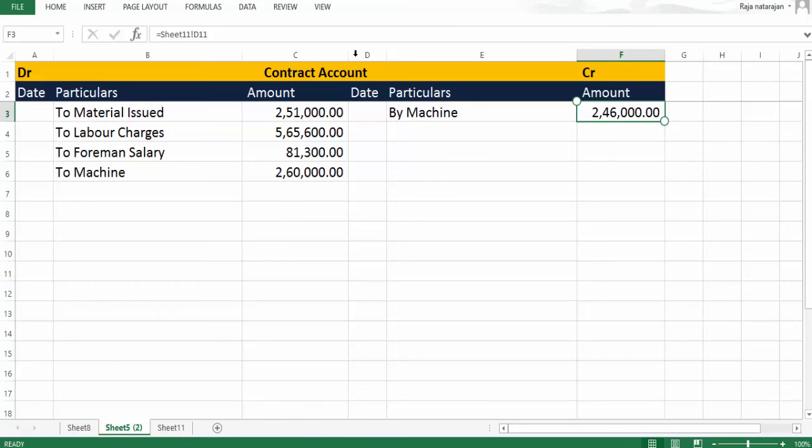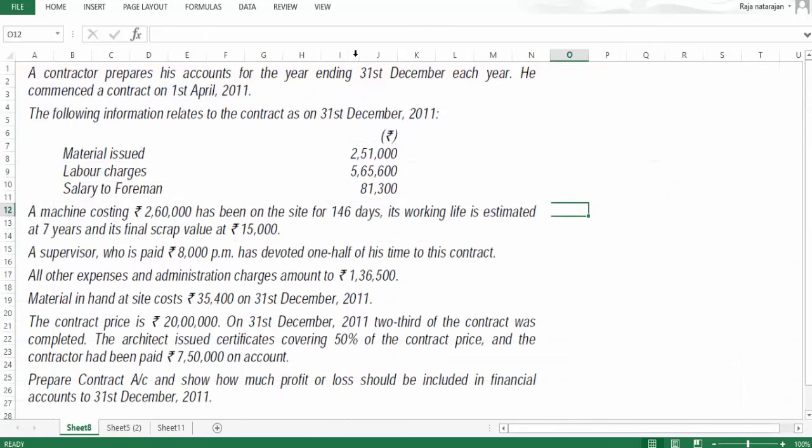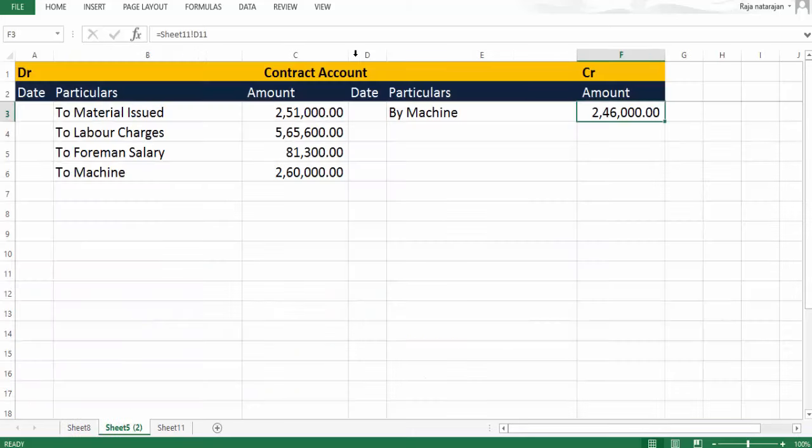Okay, next we have supervisor. He is paid salary of 8,000, but he devoted only one half of his time for this contract. So whatever the salary paid for him, we have to take the total salary and we should divide it by 2. Okay, so let's do that.